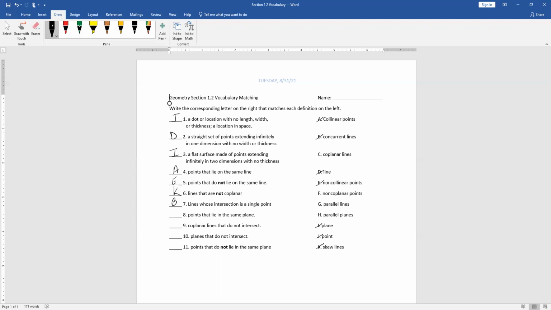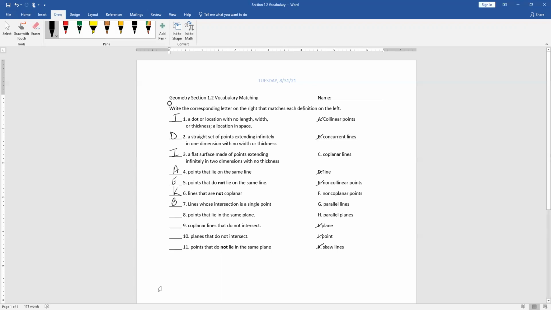Okay, points that lie in the same plane are coplanar. Let's see, number 8. I think I missed something because I feel like that's probably supposed to say coplanar points.